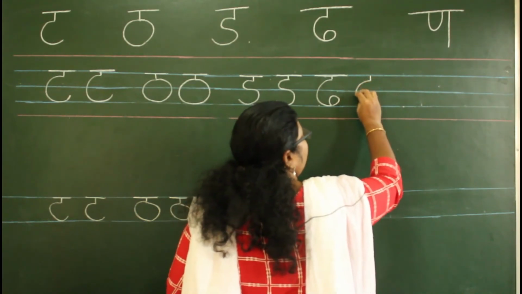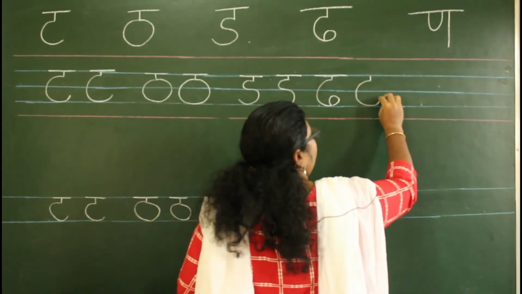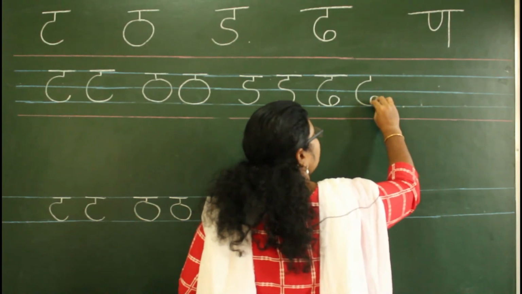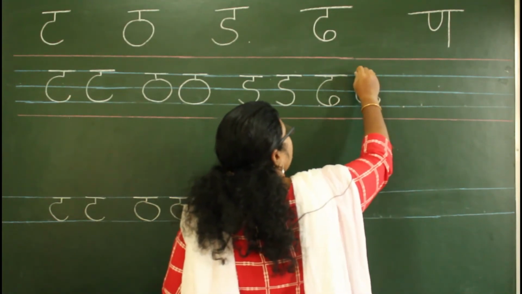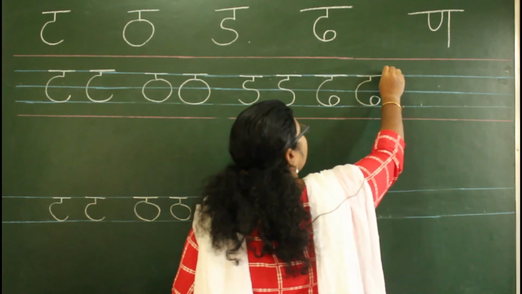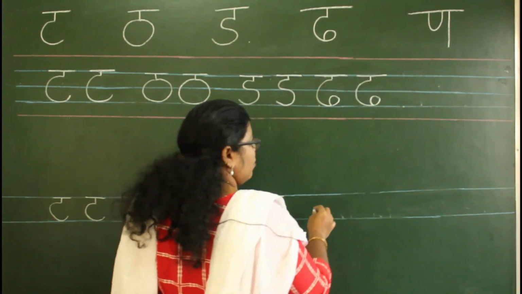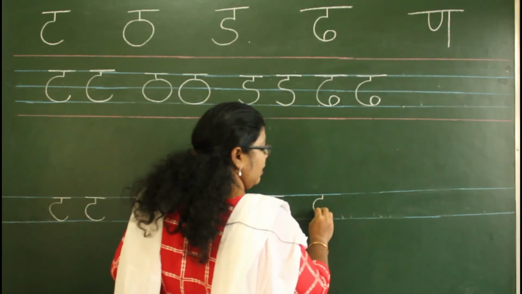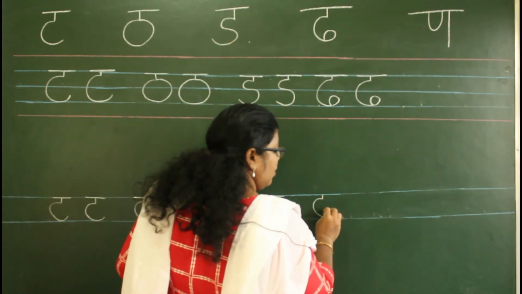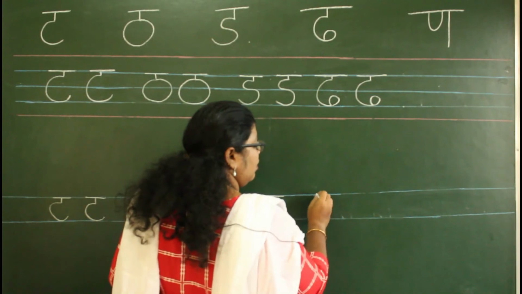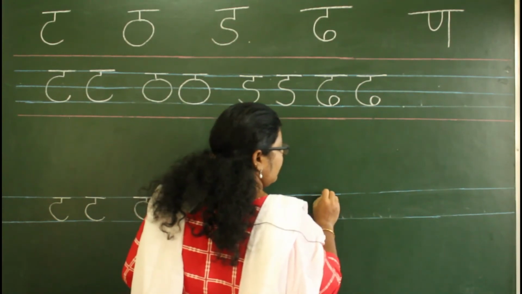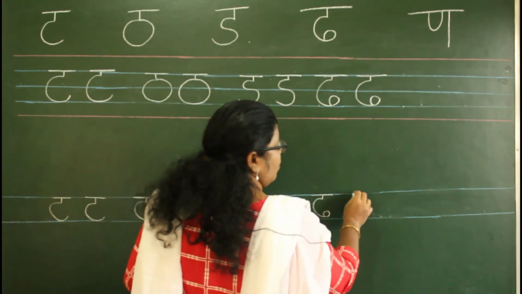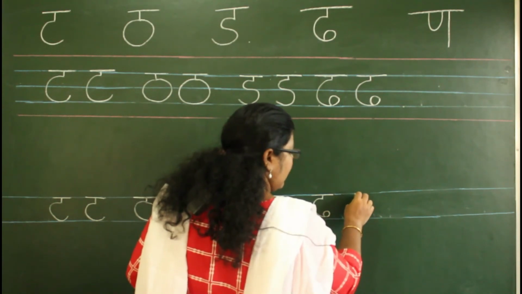Then a curve like this, and end of the curve make it as a circle, and then on the top sleeping line.